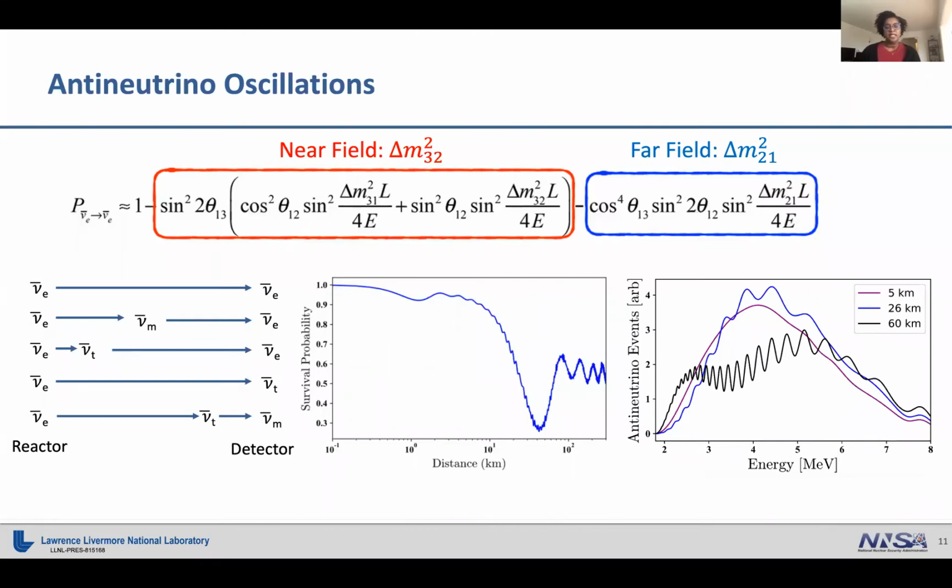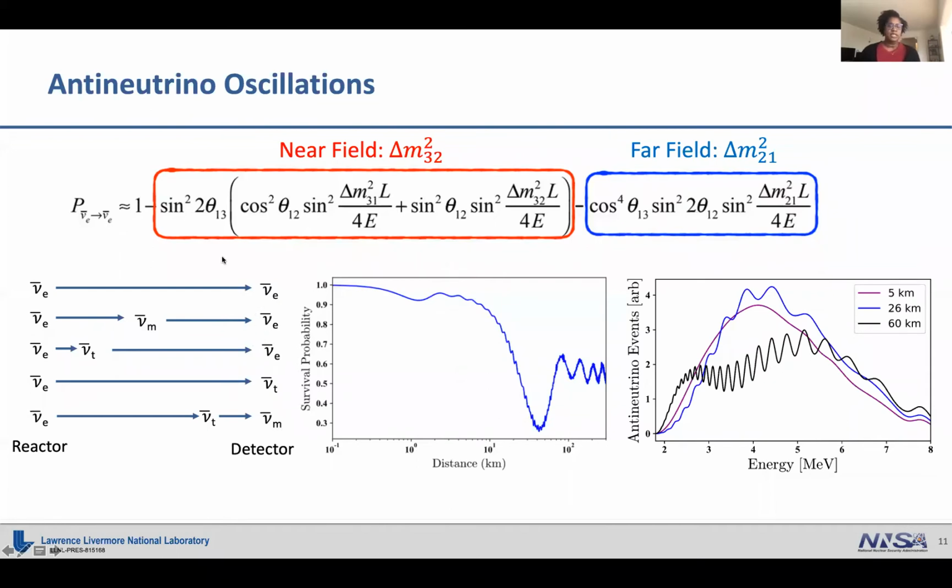So if you're detecting an antineutrino using inverse beta decay, you are only sensitive to electron type antineutrinos. In this demonstration right here, you see that some electron type antineutrinos will oscillate to a muon type antineutrino or a tau type antineutrino. In some cases, they might actually oscillate from an electron type antineutrino to a muon type antineutrino, and then back again to an electron type antineutrino.